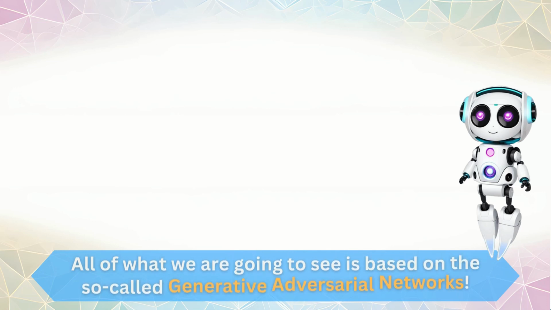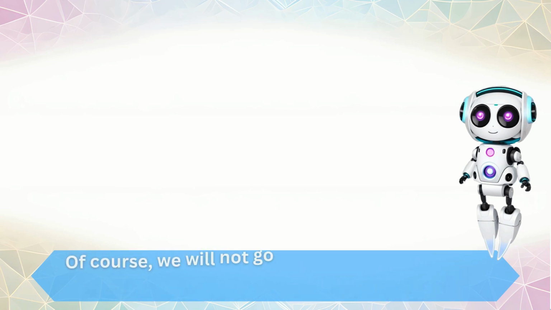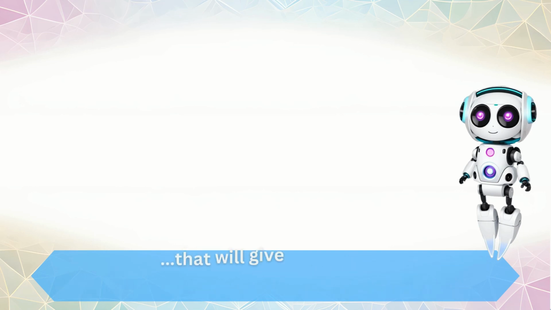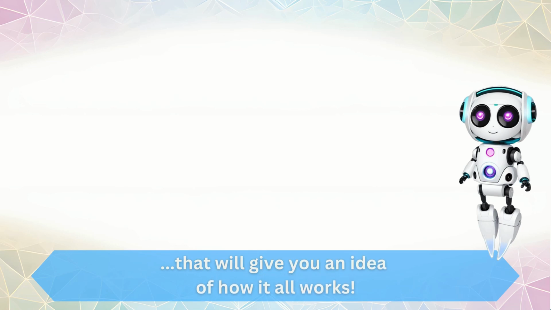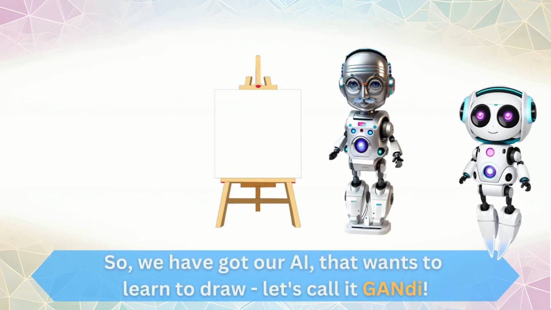All of what we are going to see is based on the so-called generative adversarial networks. Of course, we will not go too much into detail, but there are some facts that I want to share with you that will give you an idea of how it all works. Let's start. So, we've got our AI that wants to learn to draw. Let's call it Gandhi.